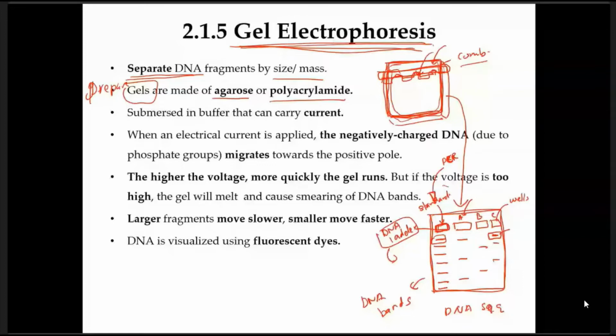Okay, so awak sendiri, awak tak boleh nak tahu DNA sequence tu. You have to send to a company that you pay that can analyze the DNA sample to determine the DNA sequence. Okay, cuma gel electrophoresis you run to get the DNA fingerprinting, the DNA pattern tu. Okay, so that you know.